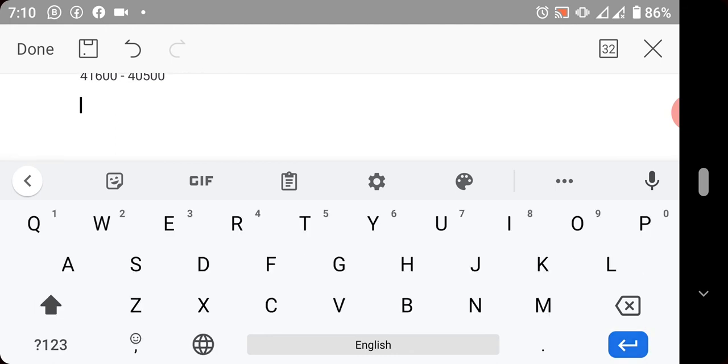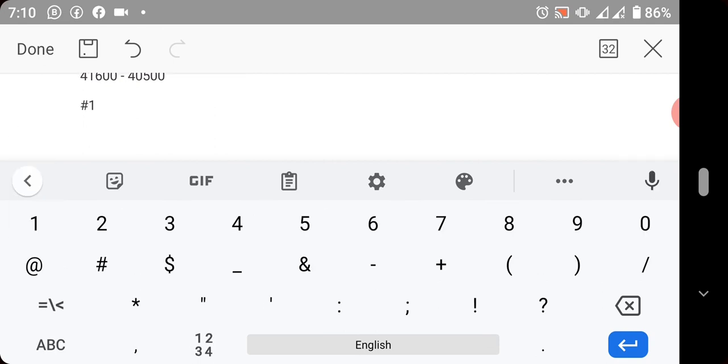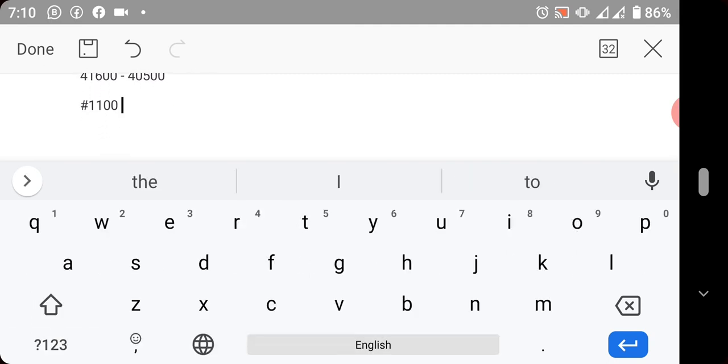So the difference will give us what? 41,600 minus 40,500 should be giving us 1,100. So we had a standard of 41,600 and we actually incurred 40,500, so it is favorable. 1,100 should be the difference, and it is favorable.